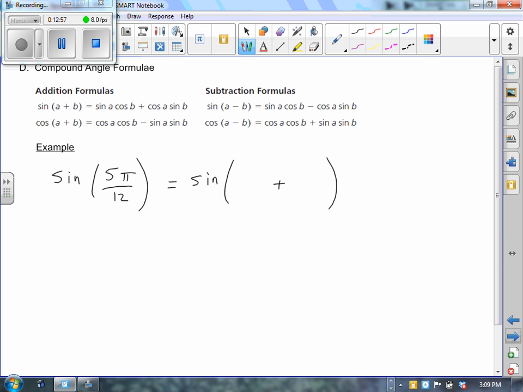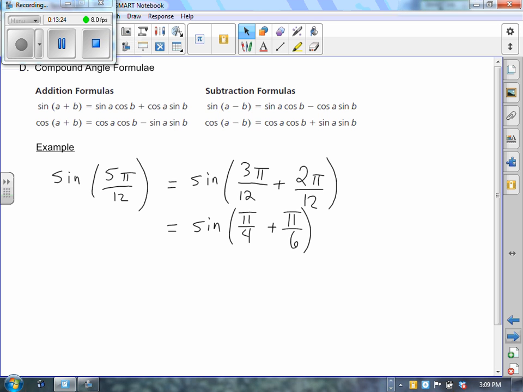In terms of twelfths, 5 pi over 12, there must be a way that we can arrive at that. For instance, we could take 3/12 of pi and add it to 2/12 of pi. What that does is it gives us a value of sine of pi over 4 plus pi over 6.